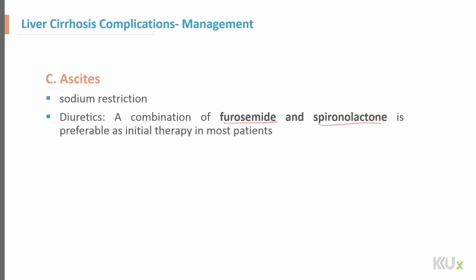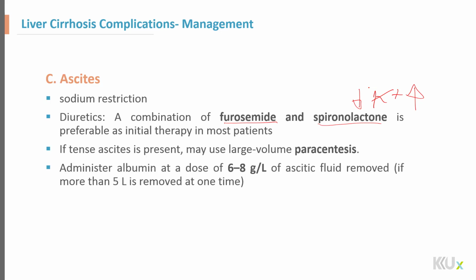This combination is preferred to maintain potassium level normal, because if we use furosemide alone it will decrease potassium, and if we use spironolactone alone it will increase potassium. So the combination will maintain the potassium level in normal. If tense ascites, if the patient has severe ascites and is very tender, we can use paracentesis.